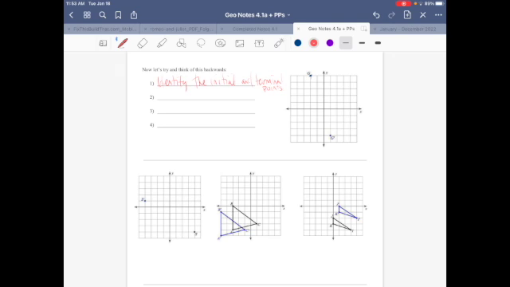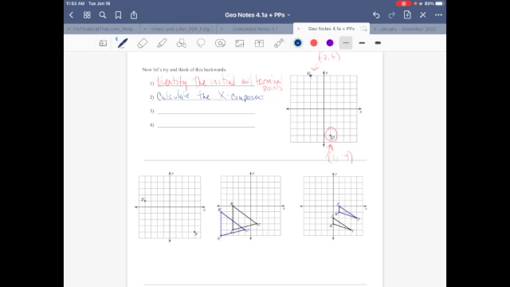So the initial point here is at G. That's at negative 2, positive 5. And the terminal point is G prime, and that's going to be at positive 1, negative 4. Then we need to calculate the x component.